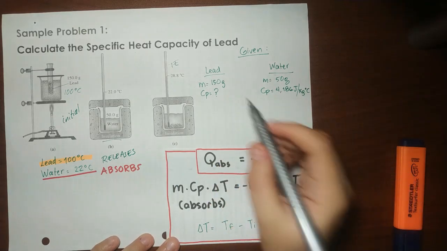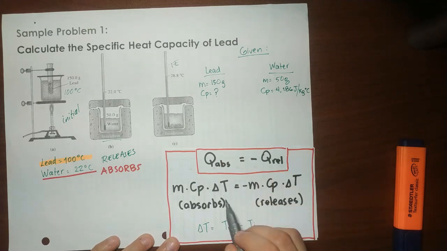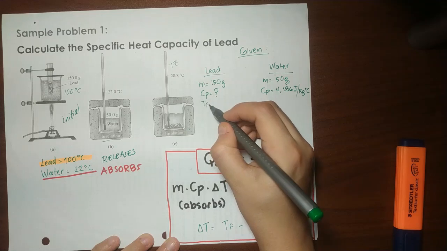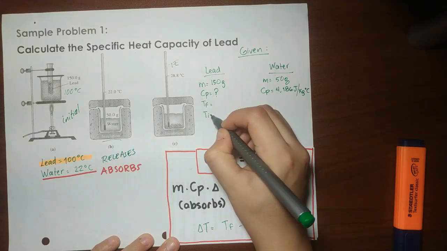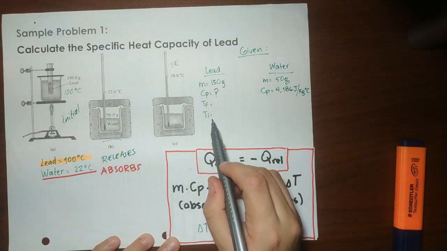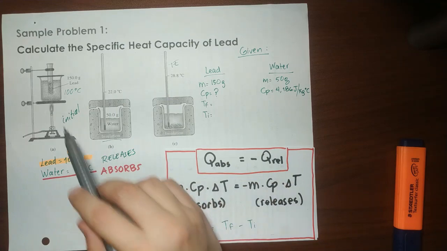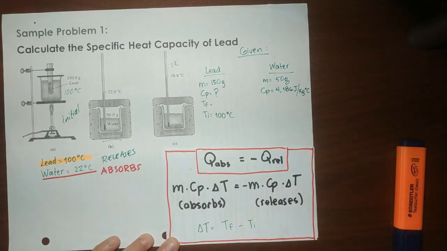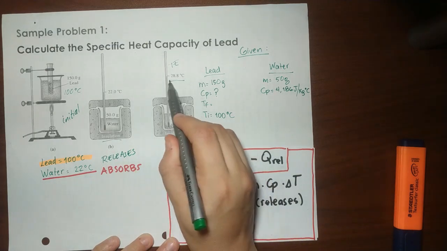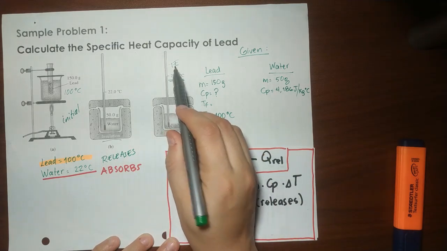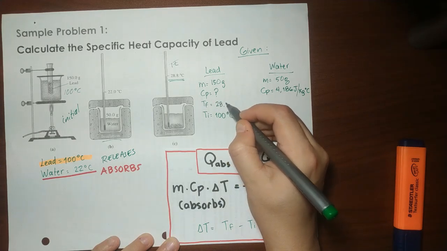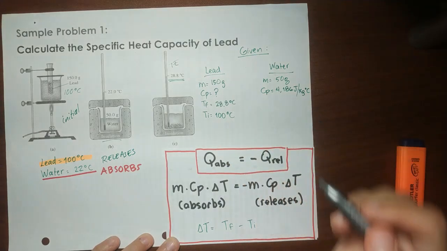Then we have delta T, and delta T involves final and initial condition. Initially, lead was at 100 Celsius. And the final temperature is right here when they both reach the thermal equilibrium. So we have the final temperature to be 28.8 degrees Celsius.